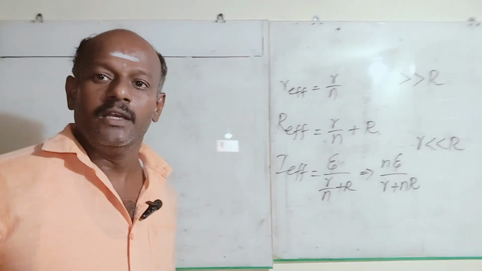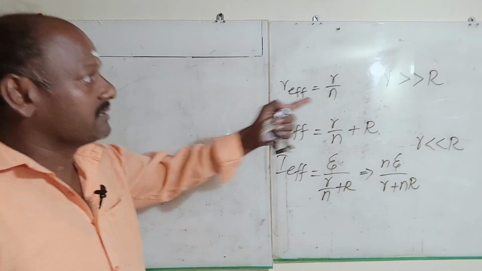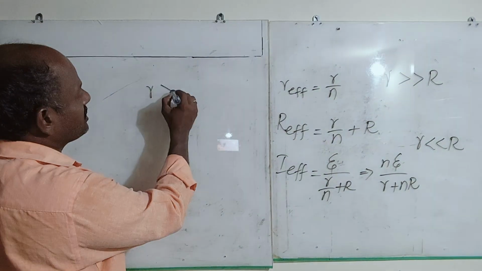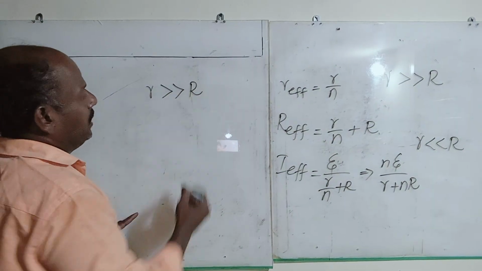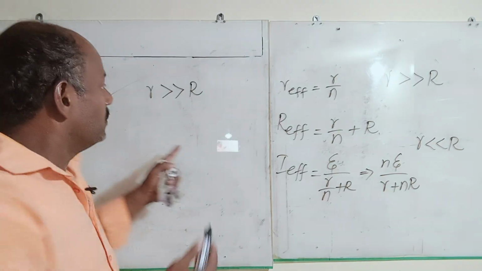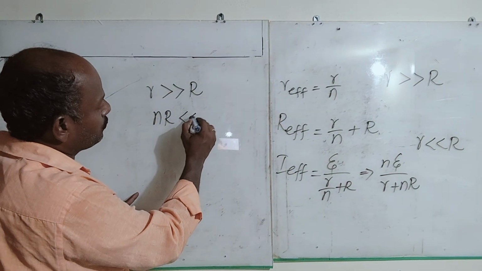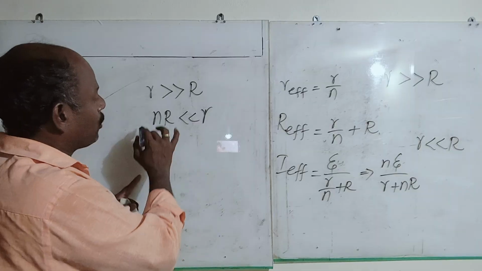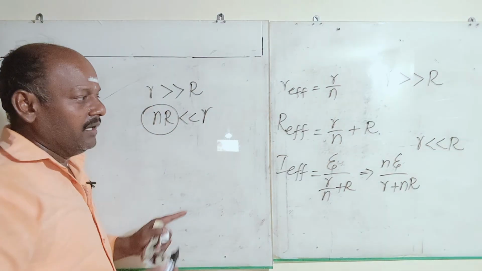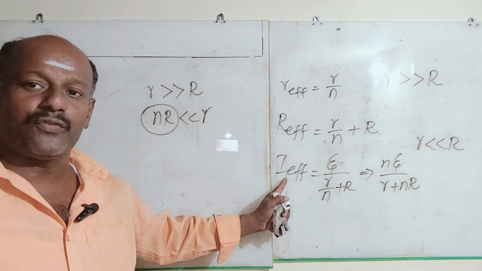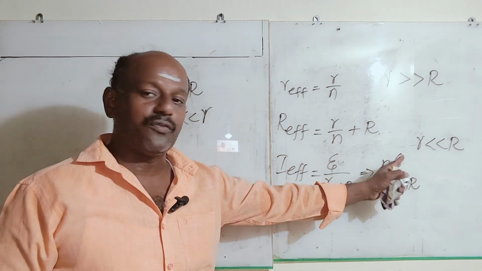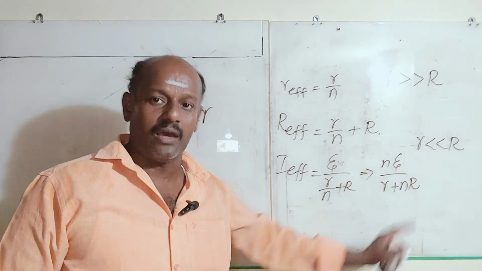See, when the internal resistance small r is much greater than capital R, now what may happen? N times r will be much smaller than capital R, so I can neglect this n times r. Now I have the formula, I effective is equal to n times E divided by R plus n times r.